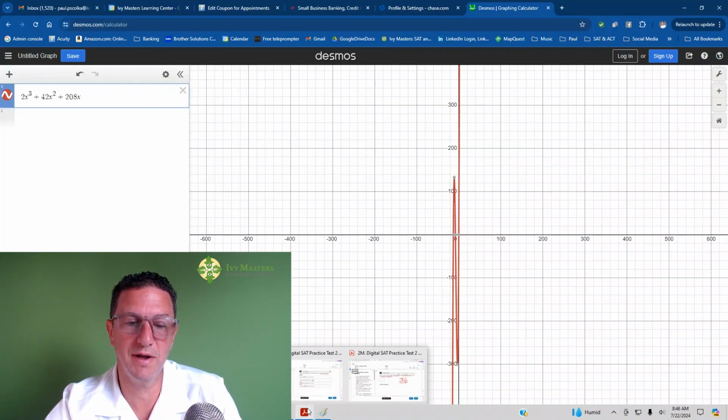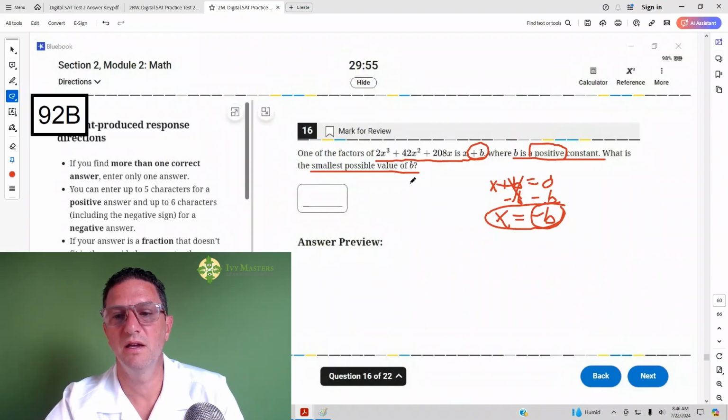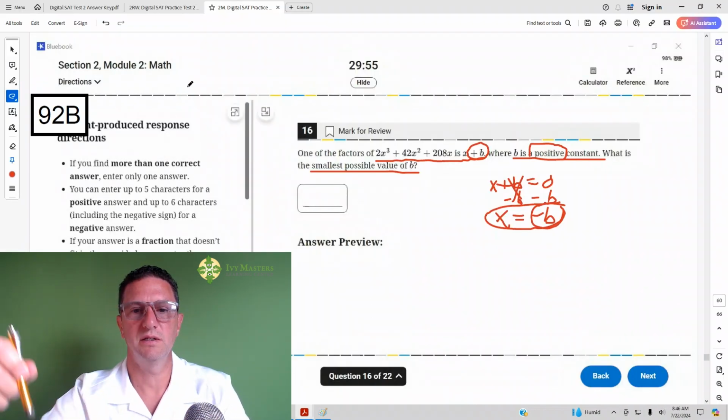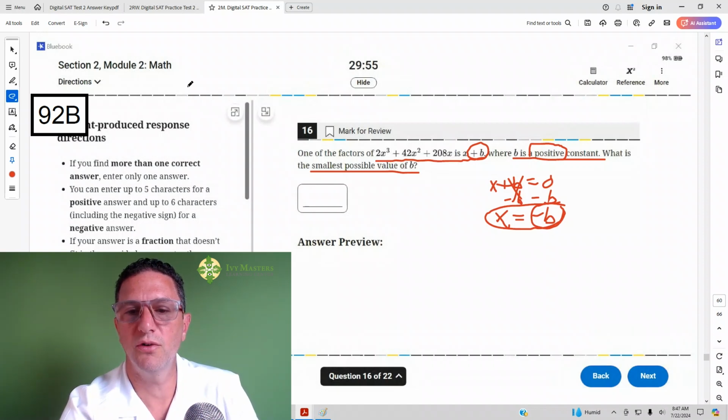Could you do this by hand? You can. What's it going to look like if we were to do it by hand? First off, from here, we can see that the greatest common factor is 2x. If you pull out a 2x, you get x squared plus 21x plus 104.